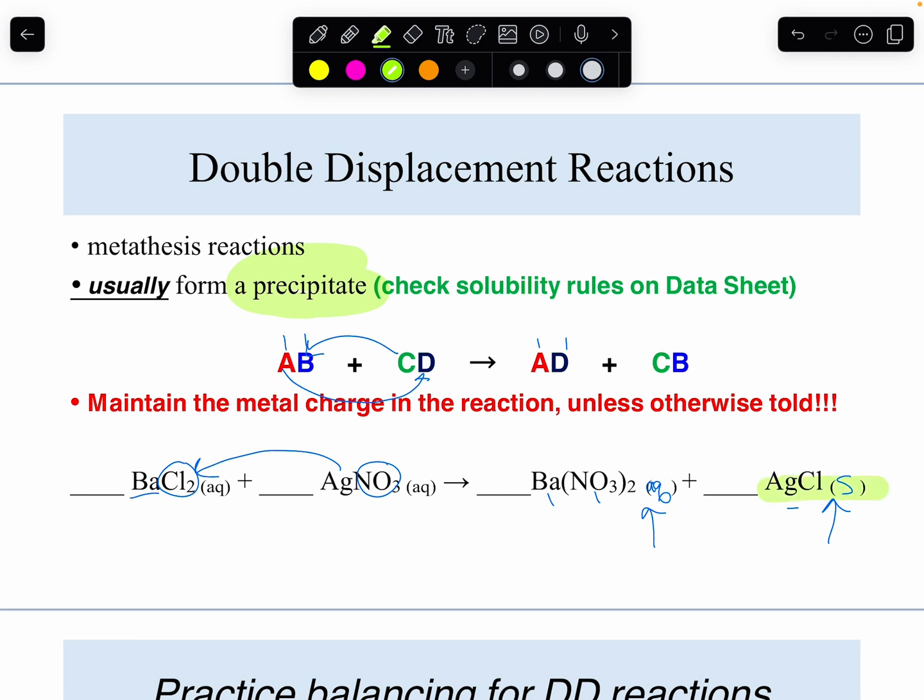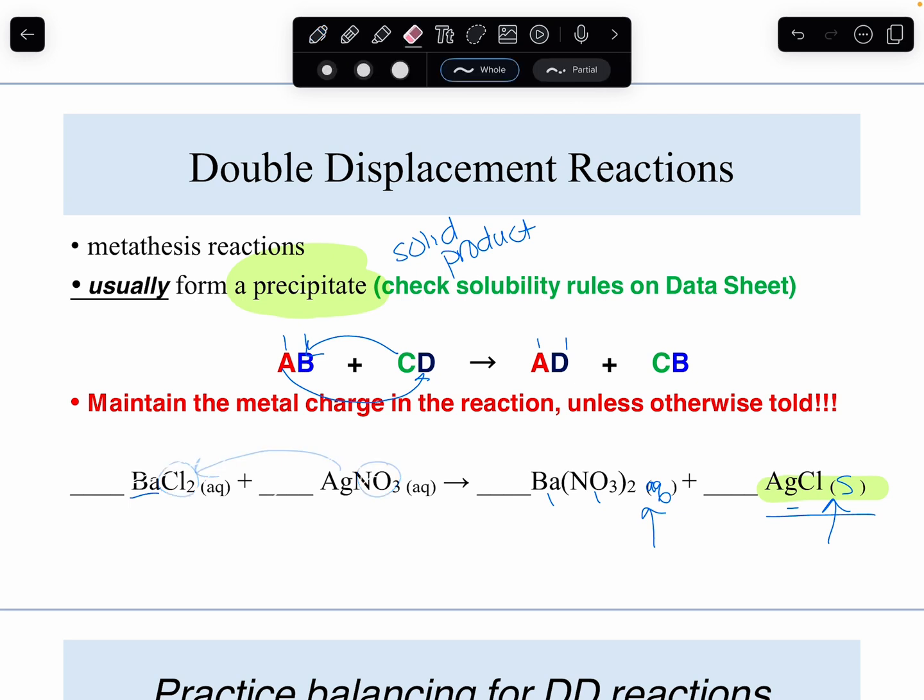Okay, and you will have to recognize this. This is the precipitate. That is a solid product. Okay, but the other thing has to be aqueous. I could ask you in a question which one is the precipitate. You would tell me it was the AgCl because that is the solid.